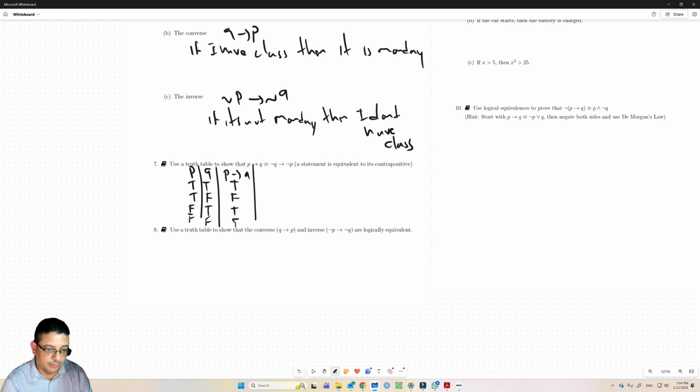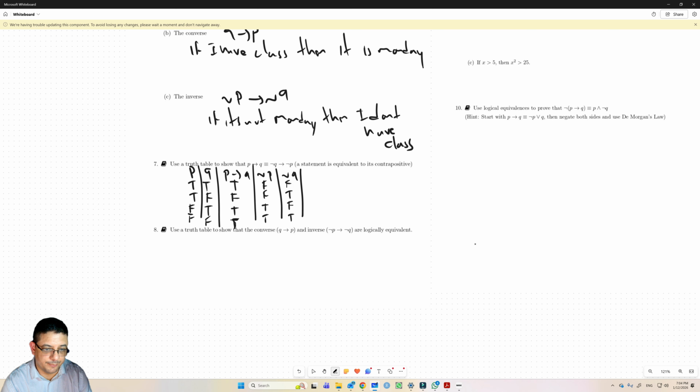And then we're going to need the negations. So negation of P, negation of Q. And so false, false, true, true. And then false, true, false, true. And then we can check the negation of Q implies the negation of P, going in this direction from here to here.